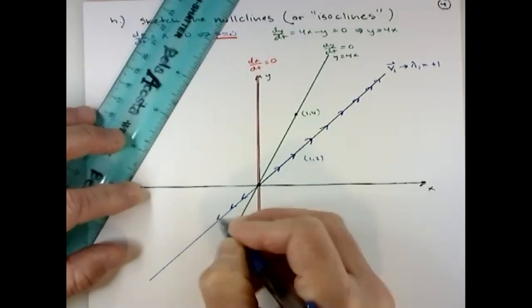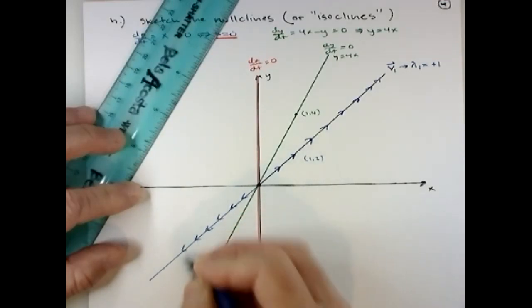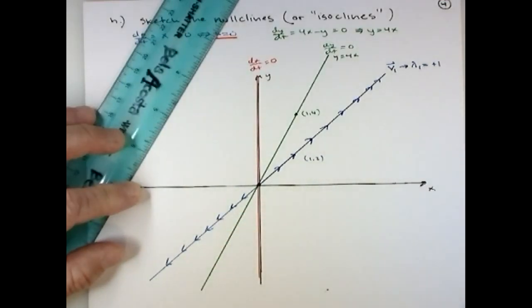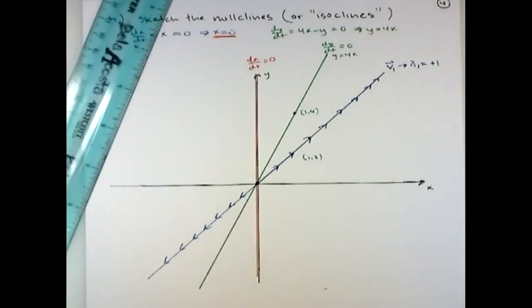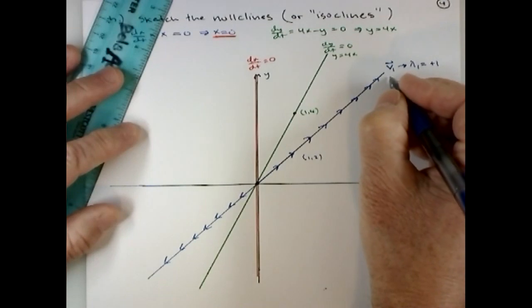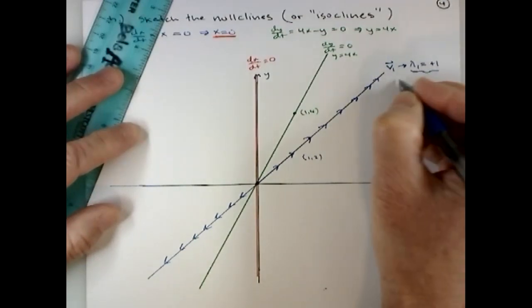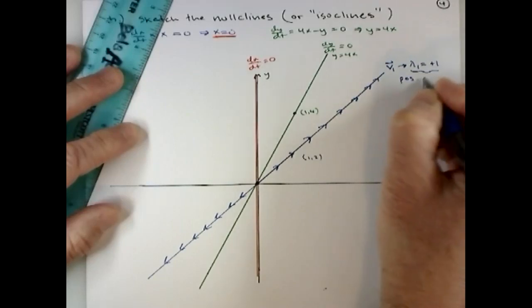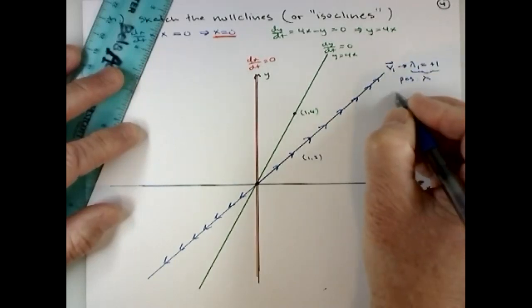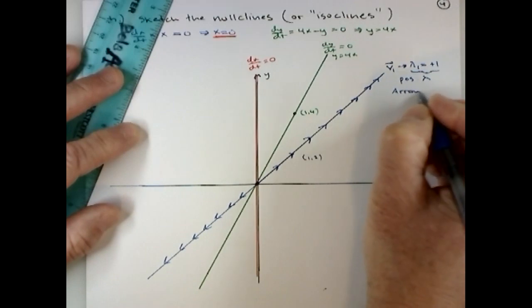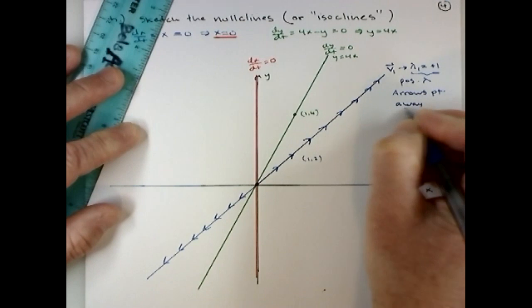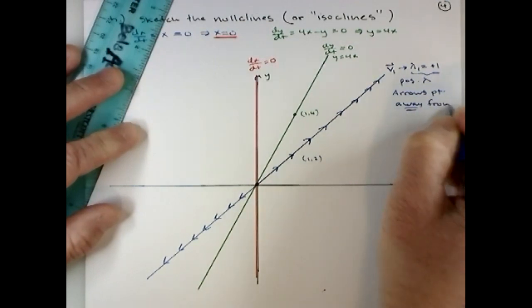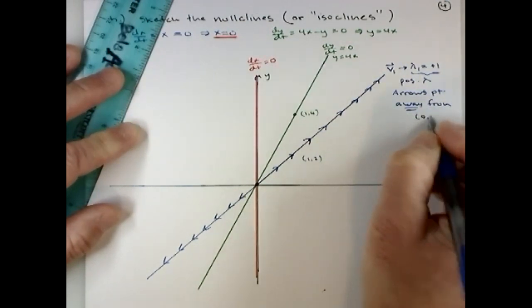So your arrows would go outward here in both directions. Positive lambda: arrows point away from our equilibrium, which is 0, 0.